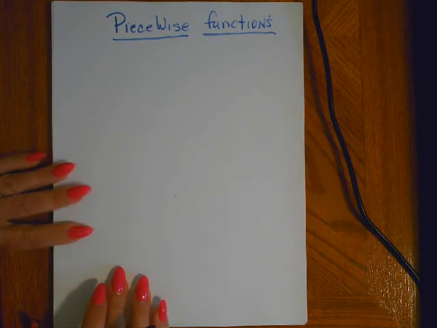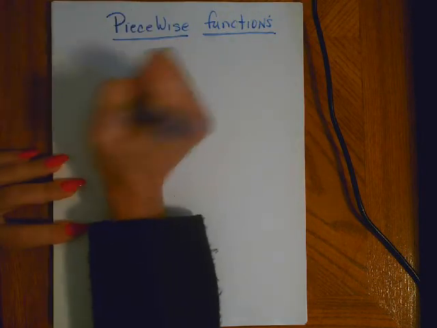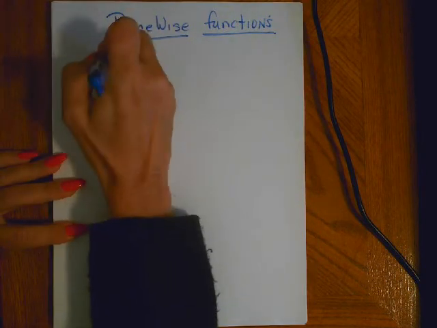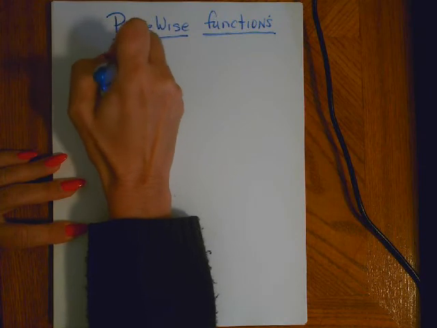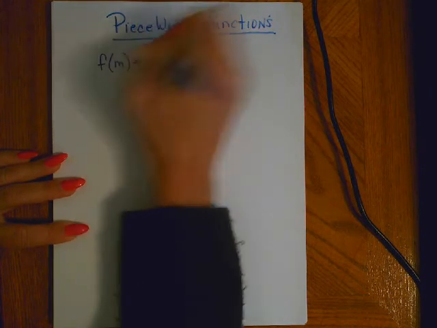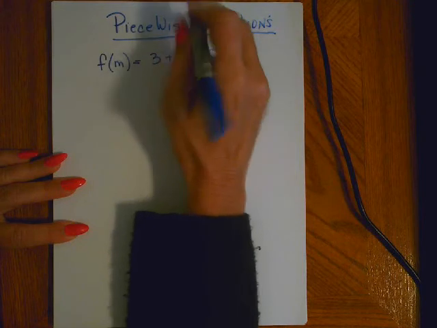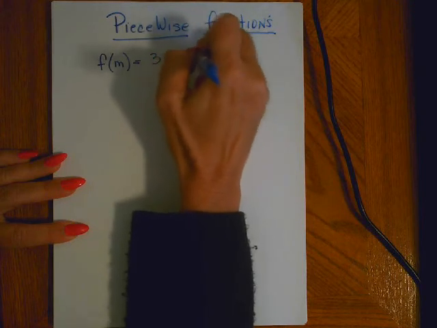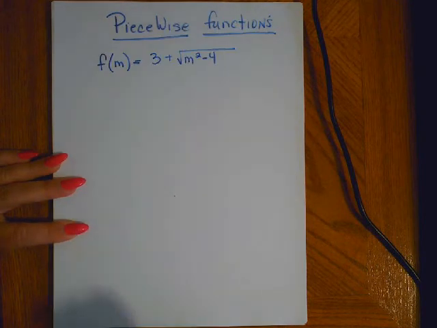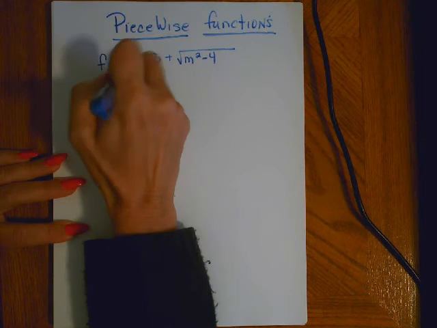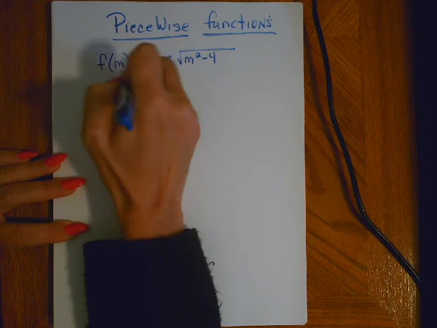Now I've already given you a lesson on finding function values. So for example, if you were given f of m is equal to 3 plus the square root of m squared minus 4, and then you were told to find f of, let's say, negative 2.